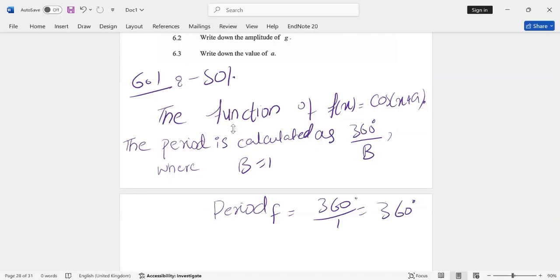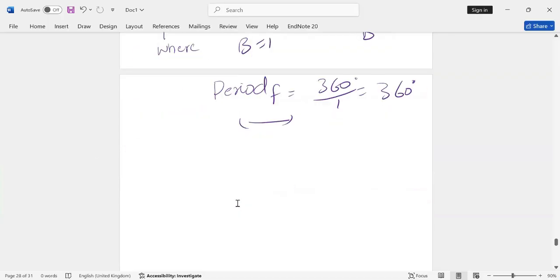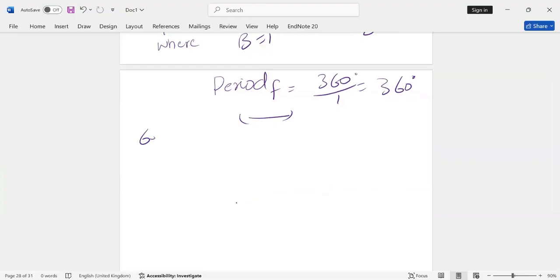The second question is 6.2. Write down the amplitude of g. Now solve question 6.2.